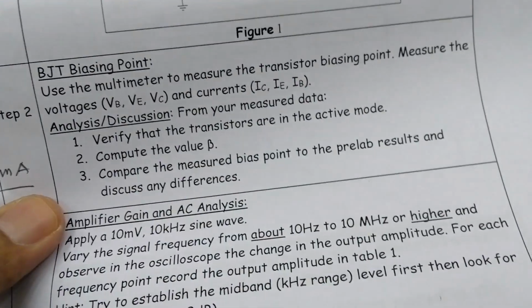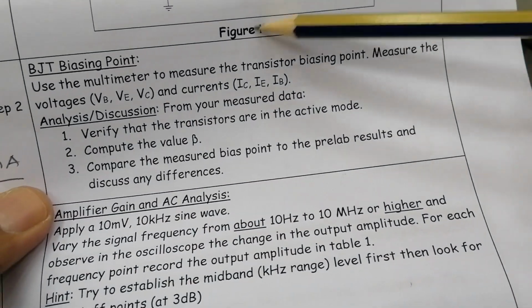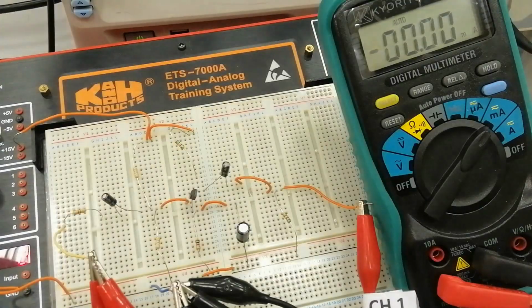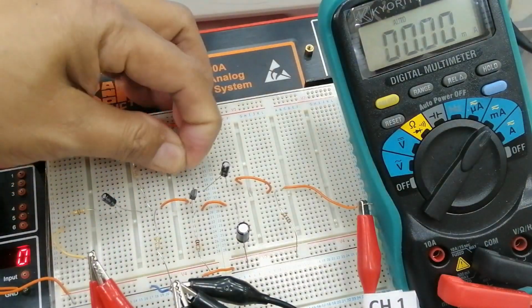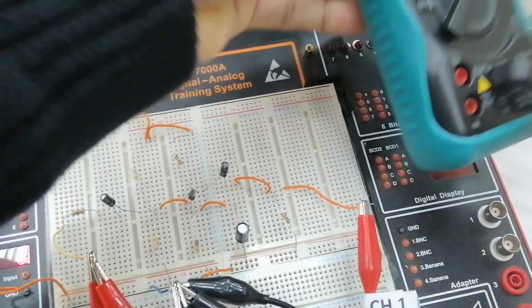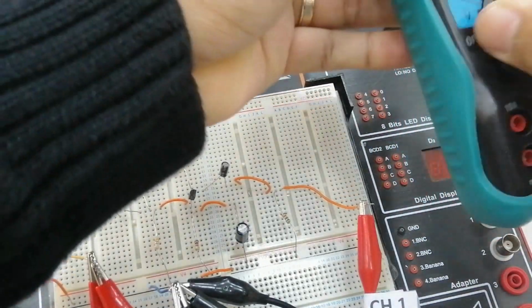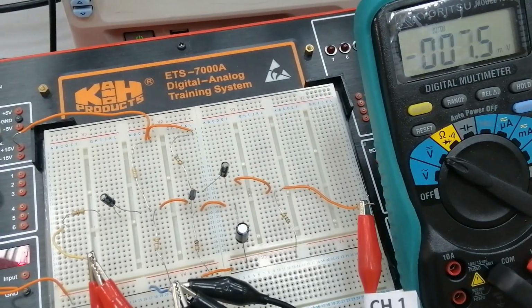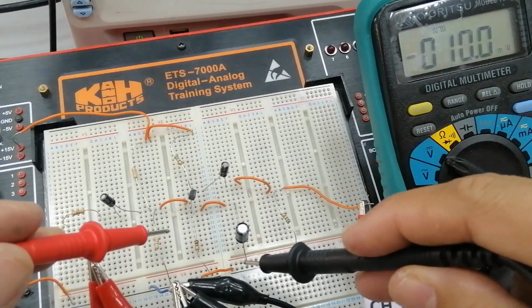Now let us measure the voltages VB, VBE, VC. Let me transfer this. This is my multimeter, now on DC voltage. What is my VB?